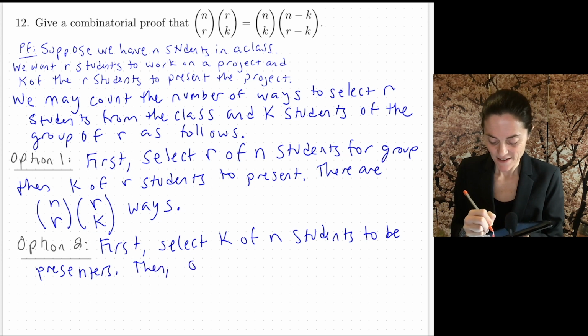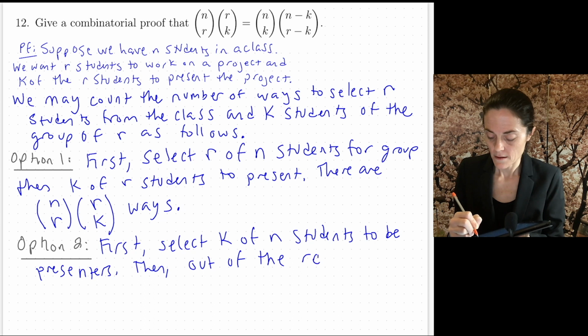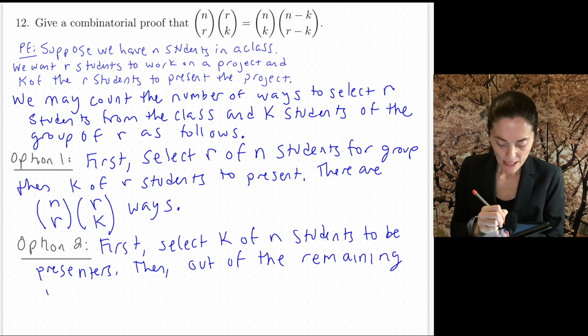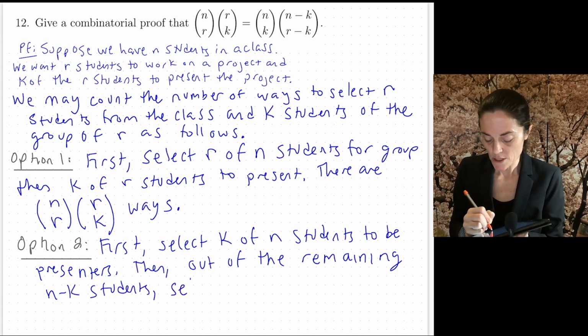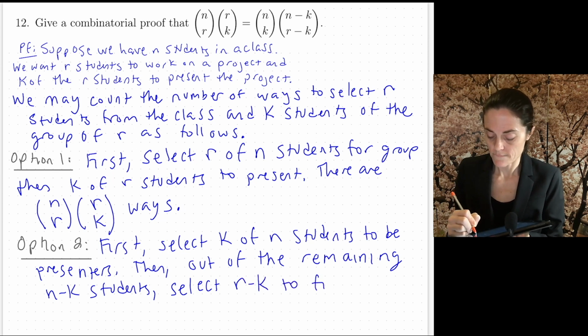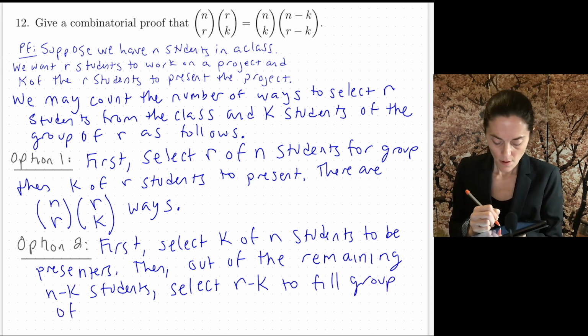Then, out of the remaining n minus k students, we want to select the r minus k to fill the group of our students for the project.